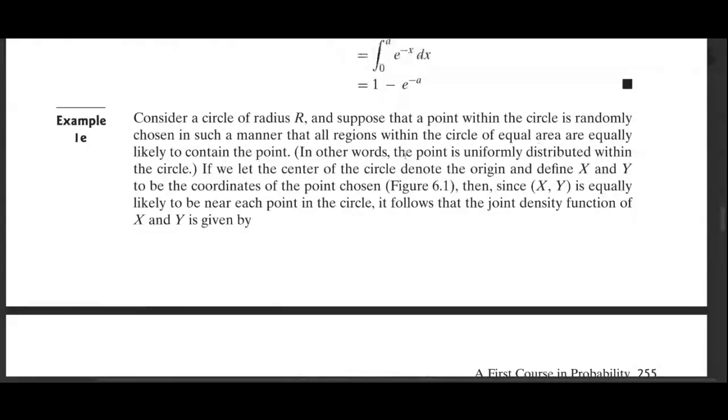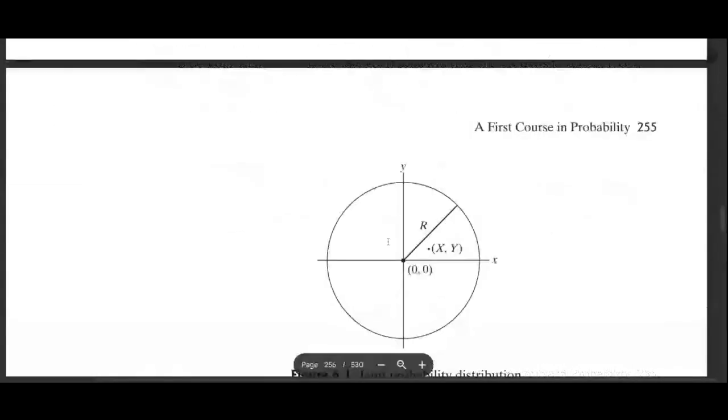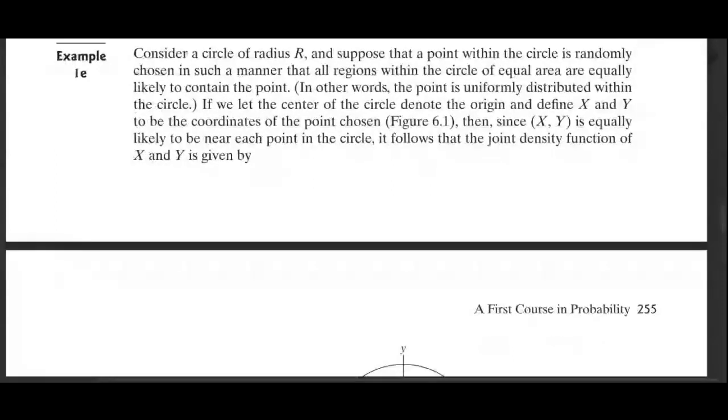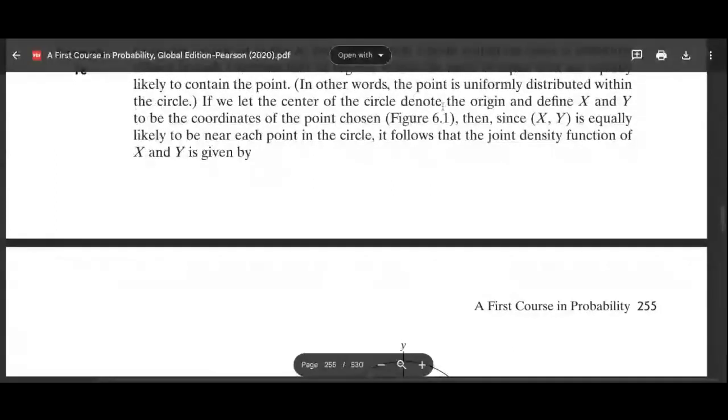In other words, the point is uniformly distributed within the circle. The center of the circle denotes the origin, and x and y are the coordinates. Since this point is equally likely to be near each point in the circle.